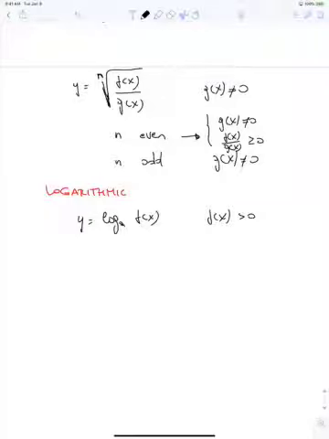So for example, if we have y equal log of x plus 2, then x plus 2 has to be greater than 0, so the domain of the function is all the x's in the set of real numbers such that x is greater than minus 2.